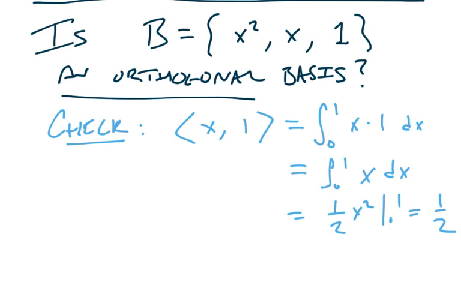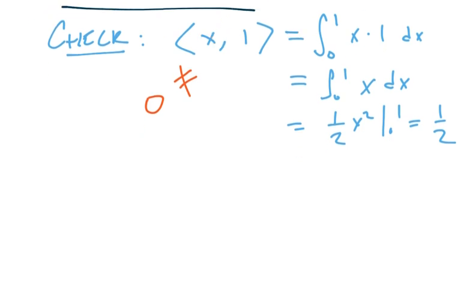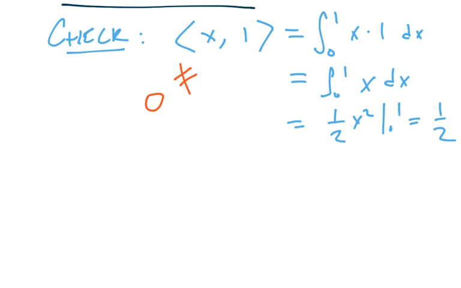Notice that this is not 0. Therefore, the polynomial 1 and the polynomial x are not orthogonal. Okay, so these are not orthogonal.